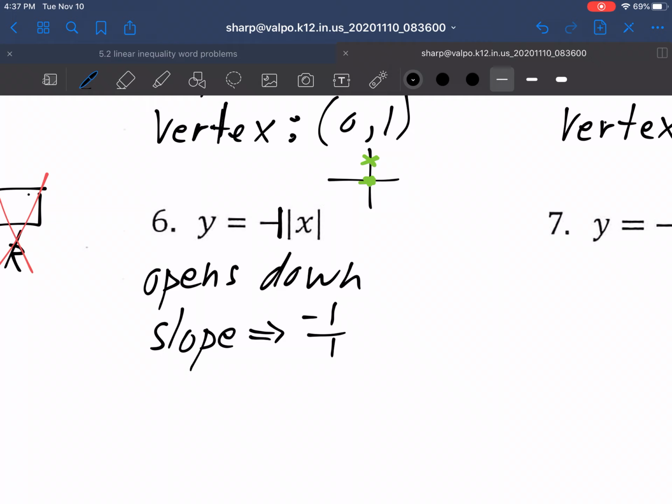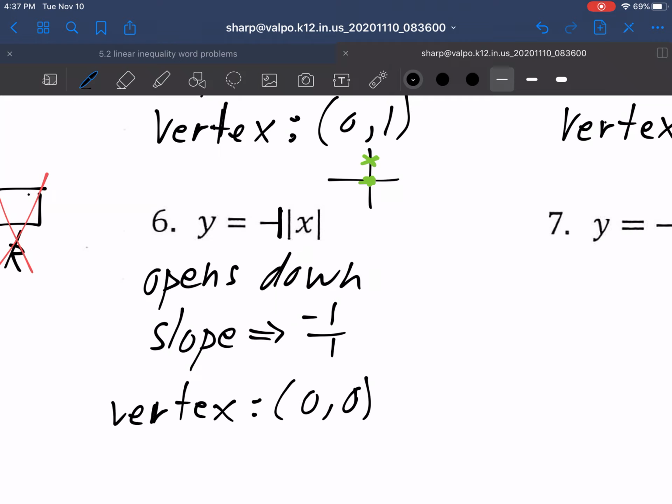You don't have to worry about moving the vertex because there's no h value, which would have moved it side to side, and there's no k value, which would have moved it up and down. So in this case, the vertex is just at (0, 0) as well.